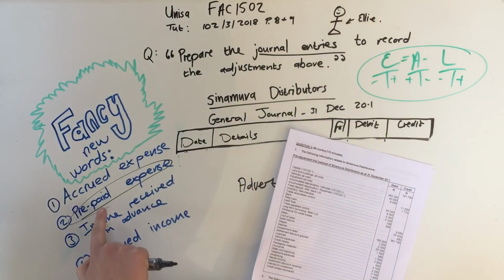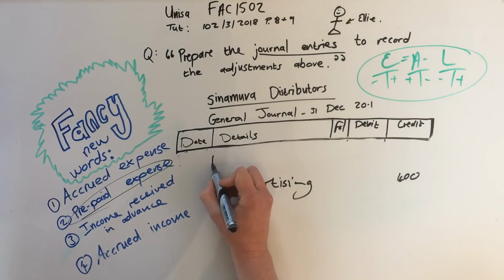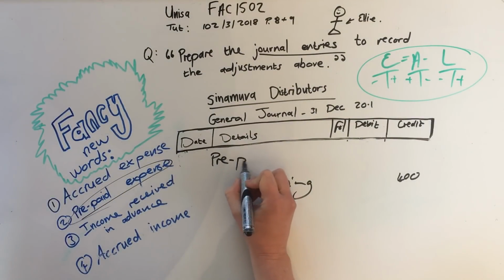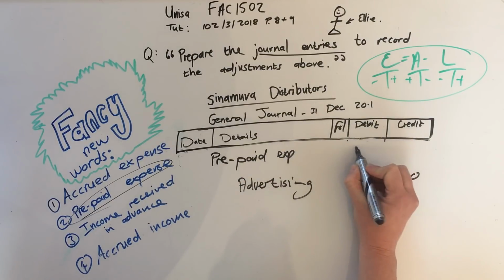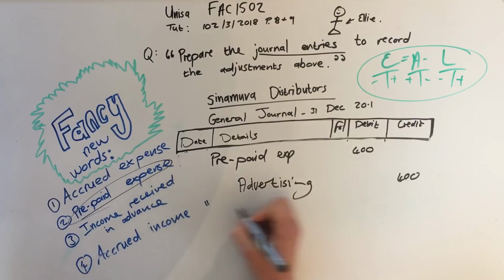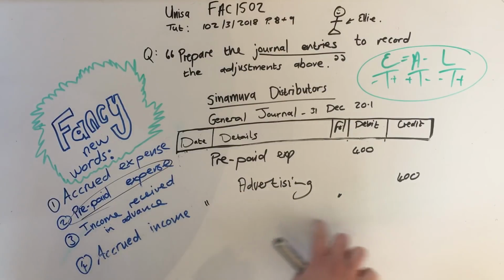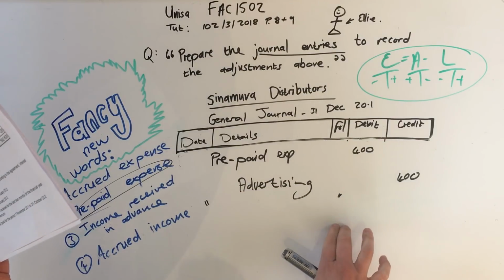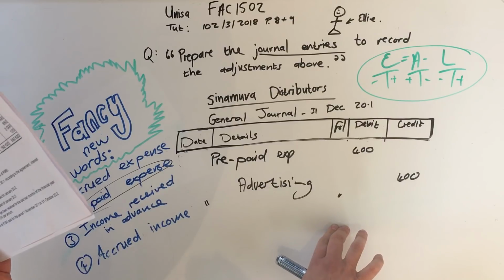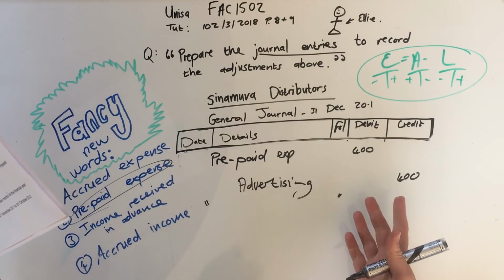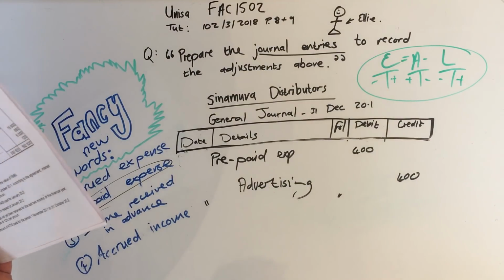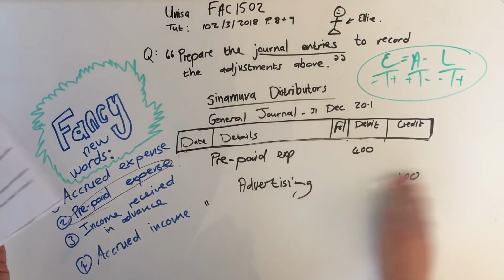Yes, we've paid it already. Prepaid expense. And then the description, you can waffle a little bit over there. The correct answer is advertisements paid in advance. Cool. I think we can do another one.